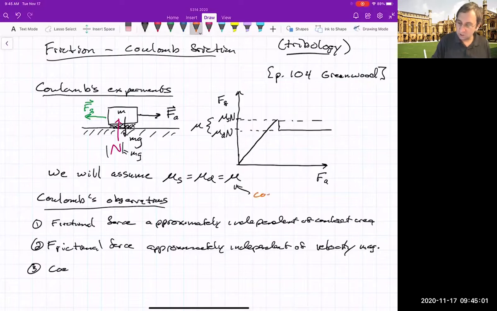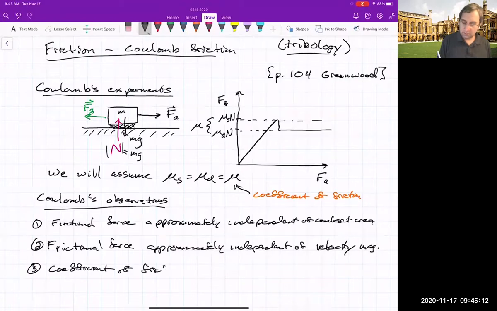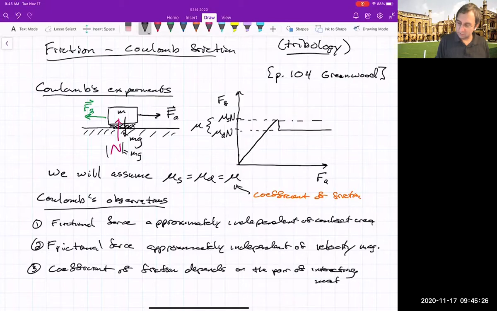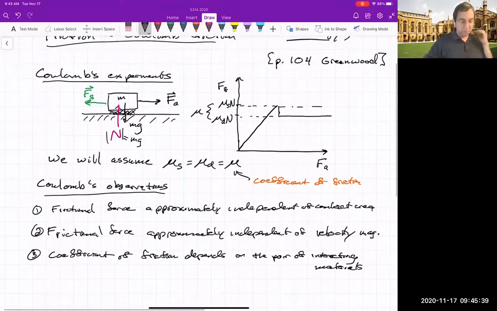This is the coefficient of friction. So you can experimentally determine this. It depends on the pair of interacting materials, the materials in contact. So if it's wood on wood, or plastic on wood, or rubber on wood, you'll get something different. Or if you have metal on metal.